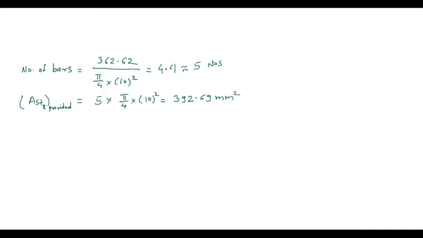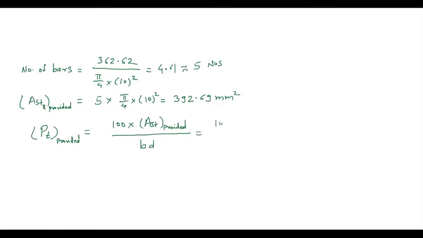Now calculate the percentage of steel, PT, which is provided. Percentage of steel provided is equal to 100 AST provided upon BD. This is the formula.